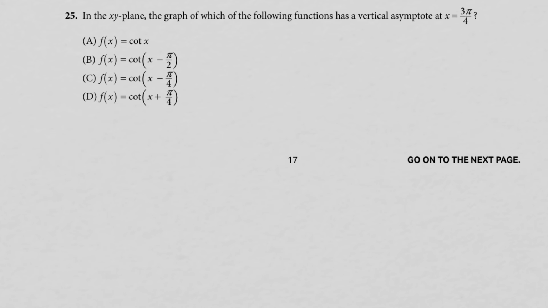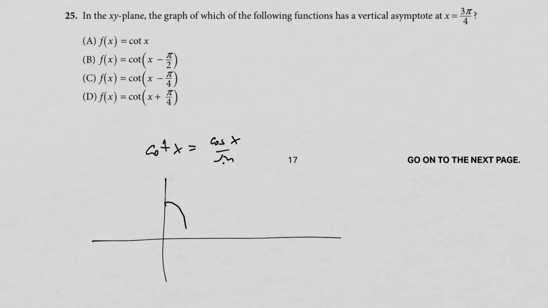25. So cotan is cosine over sine. Now, if I were to graph cosine, look like that, and here's another period of it. And if I were to graph sine, it would look like that.